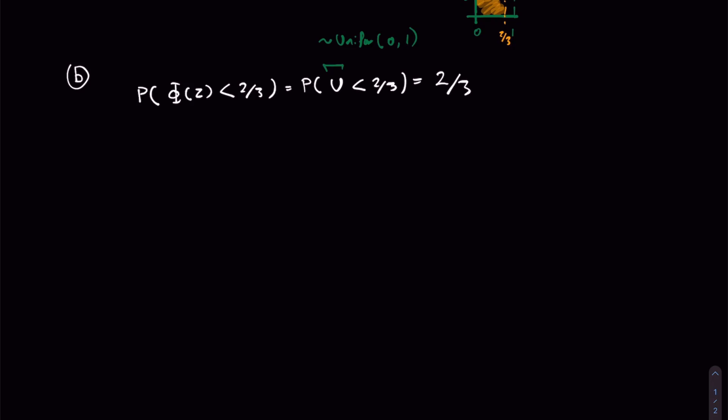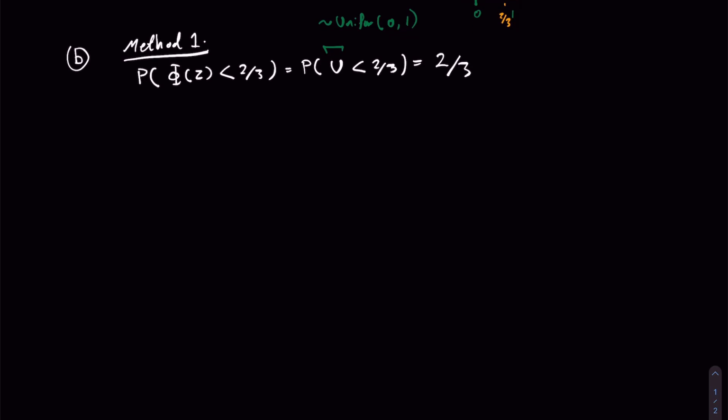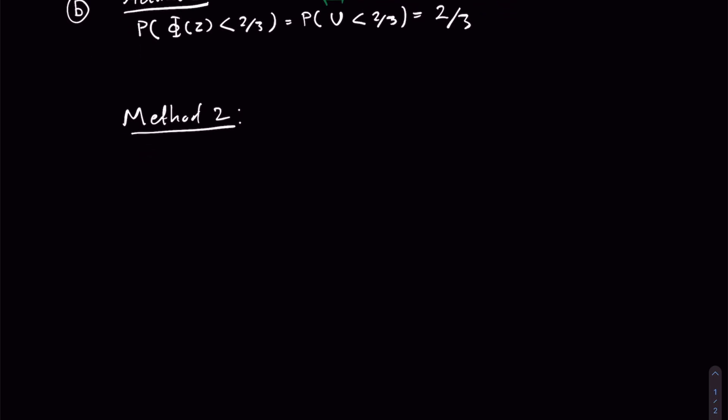So let me say this is method 1, where we just use the universality of the uniform. Then method 2 would not use that, but use properties of the standard normal to find that this expression amounts to 2/3. All right, so let's do that.